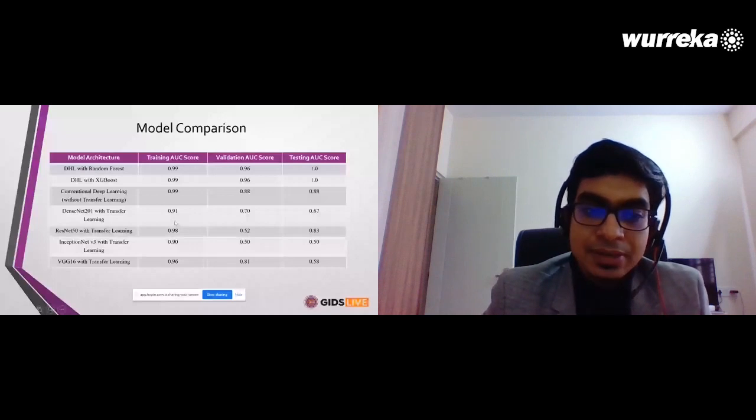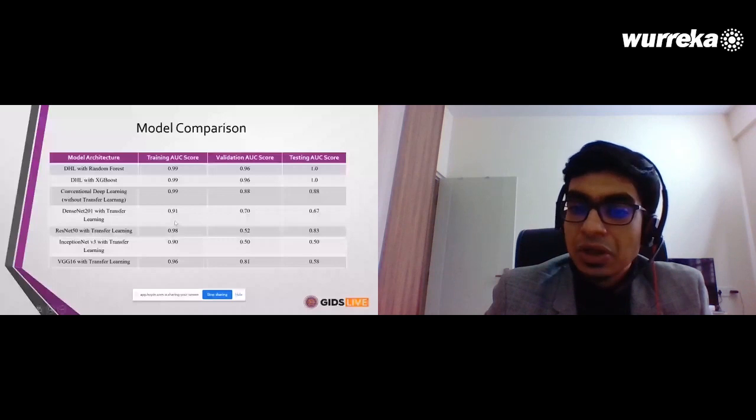And if we go with some other architectures with transfer learning, we went with ResNet 50, which has 50 layers, and we went for InceptionNet with transfer learning, and even VGG16 with transfer learning. The results were not at all good and not comparable with the results that we got with deep hybrid learning.